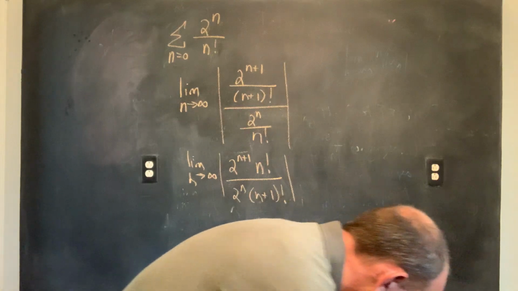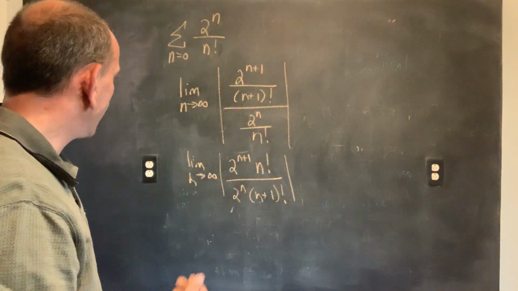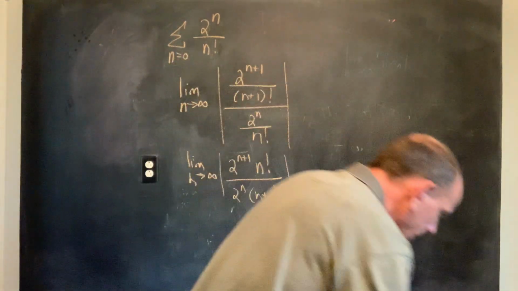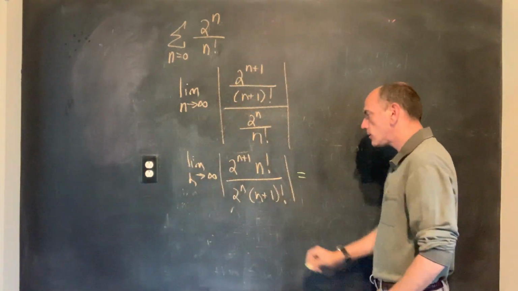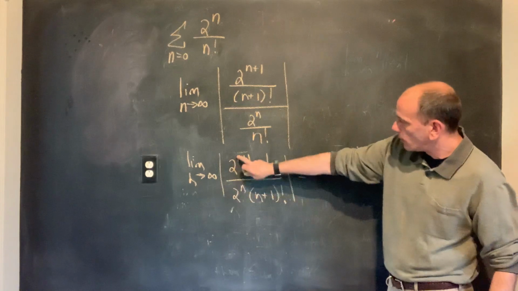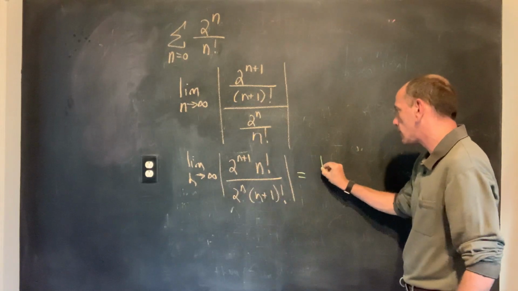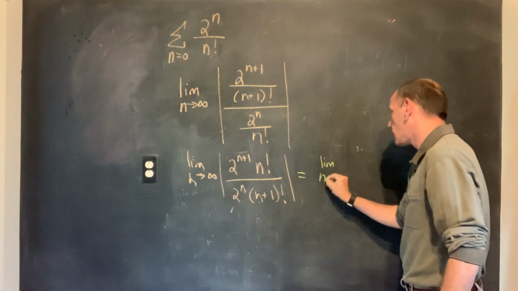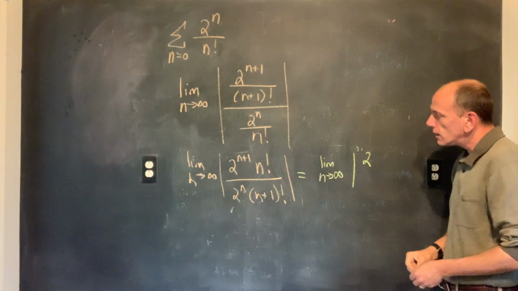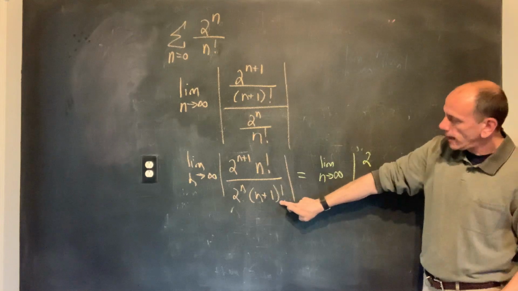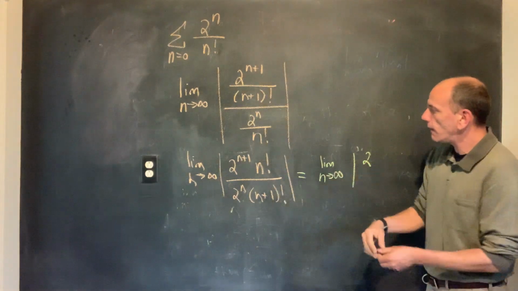Darn, plowing through chalk. Let's see, I'm just going to switch colors. Okay, so the 2 to the n's just become 1, and I've got a 2 upstairs. Now the n factorial over n plus 1 factorial, we've got to think about that.